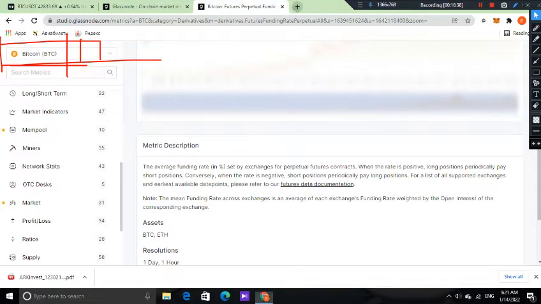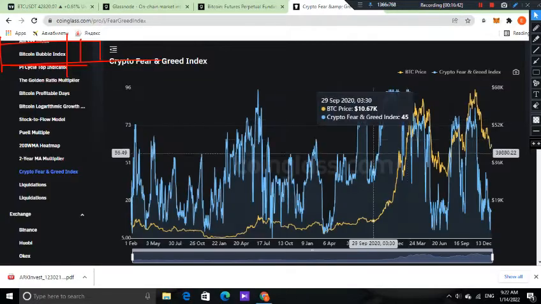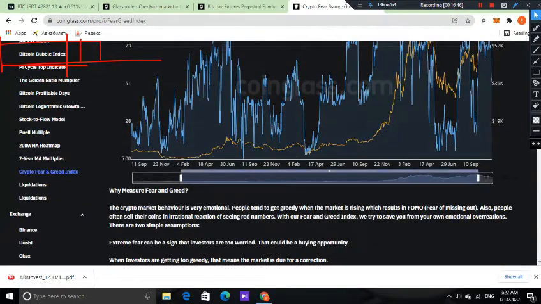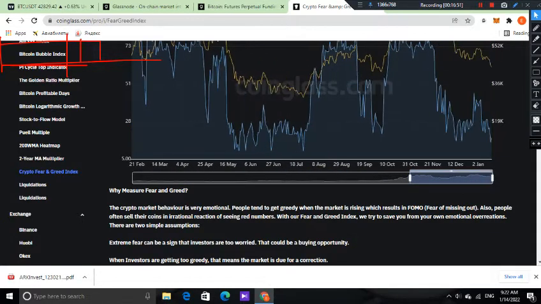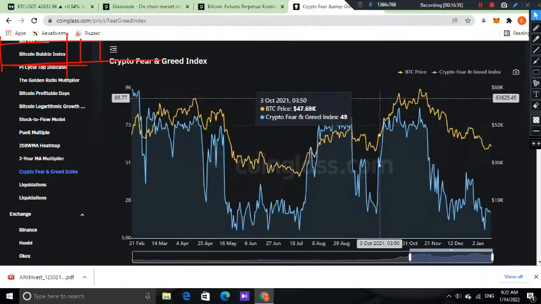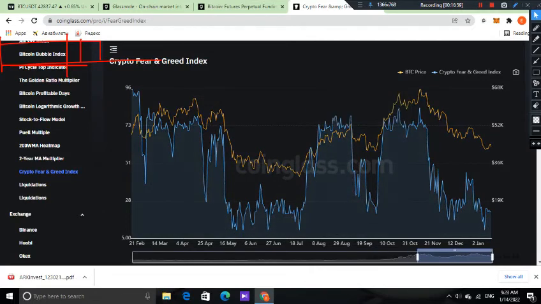And you can also check out the fear and greed of the market. Here we can see the fear and greed index. You can adjust the time basis, and yeah, let's see.